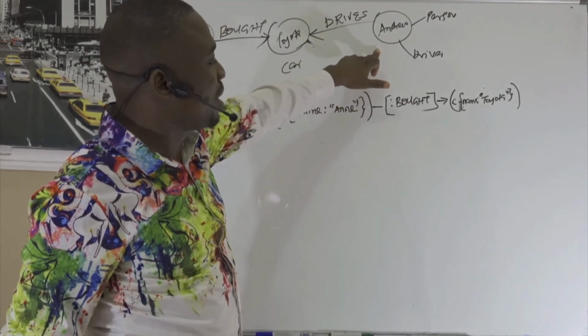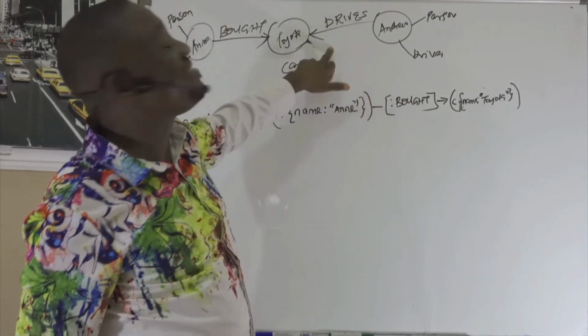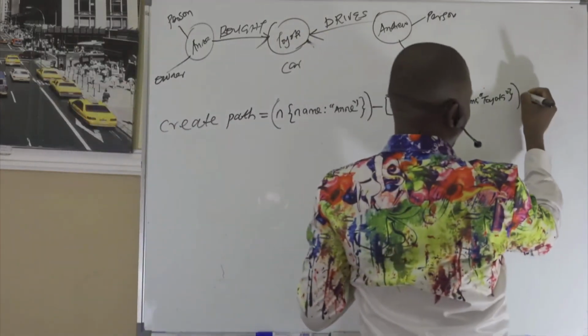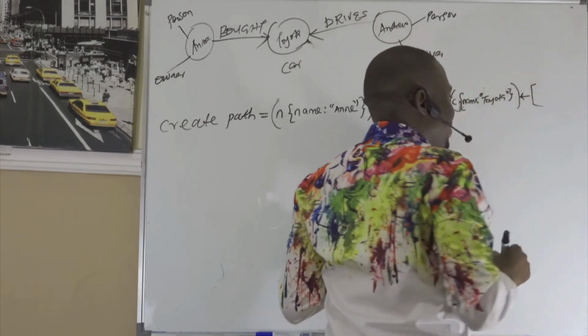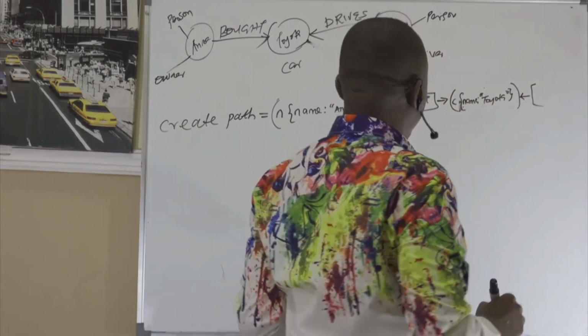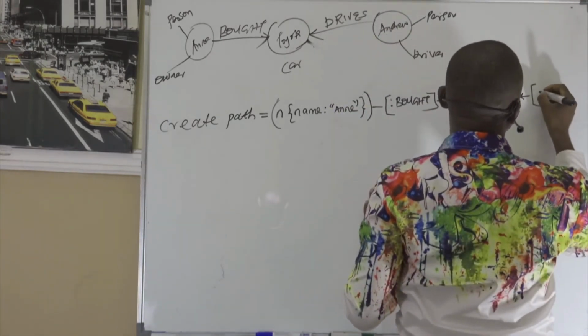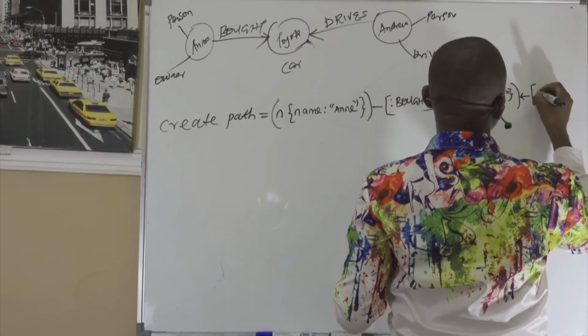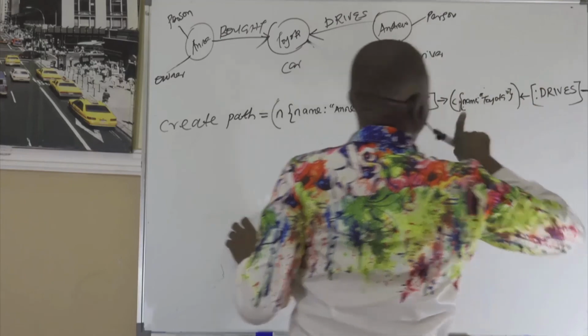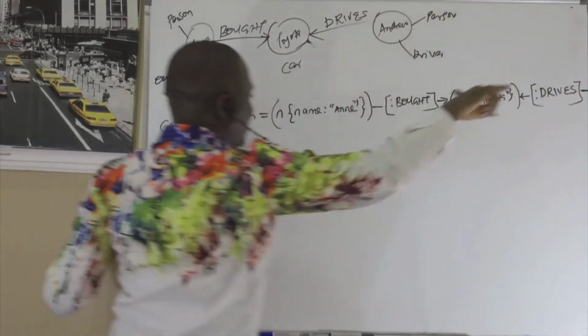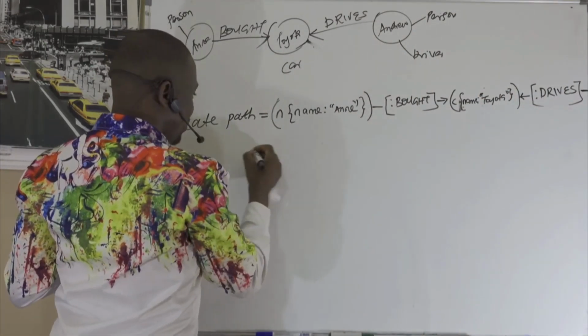Then we come to this guy, Andrew. Andrew is doing what? He drives the car, okay? We come here now. Andrew drives the car. So we put it here. This side, we're supposed to put a node.